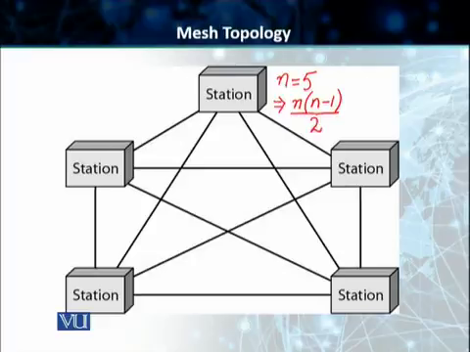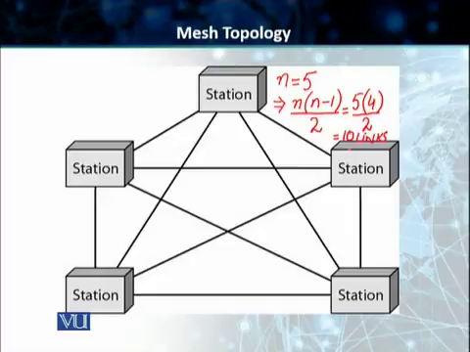If I calculate the total number of full duplex links required to connect the 5 stations in this mesh, this comes out to be 5 multiplied by 5 minus 1, which is 4, divided by 2, and this is 10 links. So in a mesh topology in which you have 5 nodes, the total number of full duplex links required to connect those 5 nodes is 10.